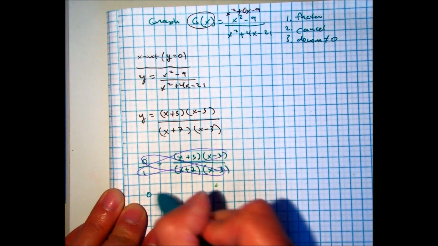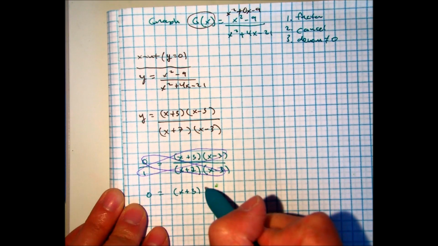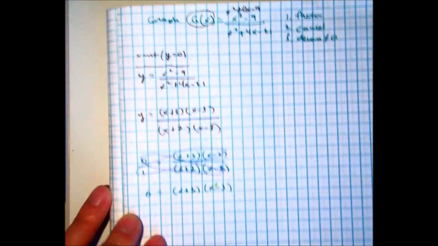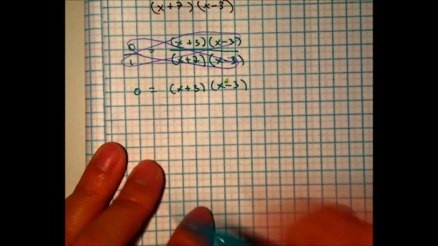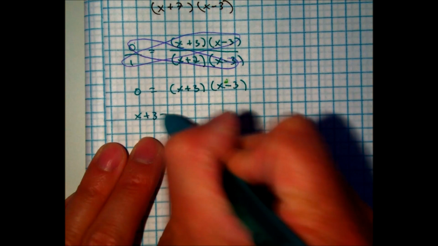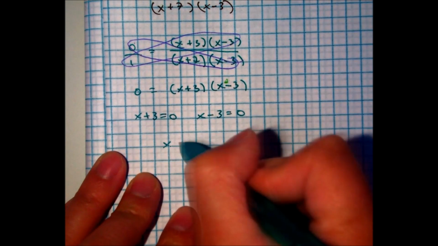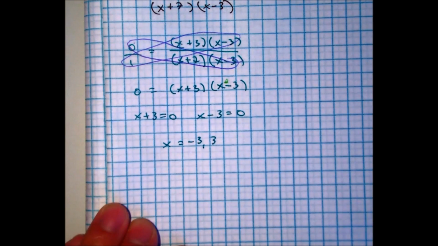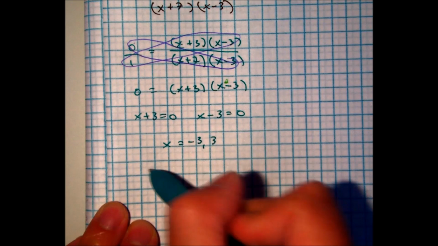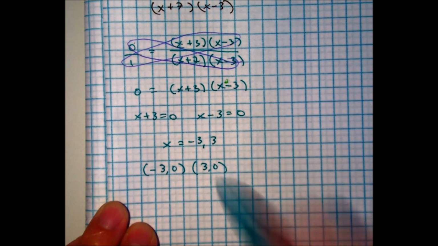So I have 0 equals 1 times, or I don't have to write the 1, x plus 3, x minus 3. Here you should identify that this is the 0 product rule. That means one of these expressions has to be equal to 0, so make them equal to 0. And then you will get x equals negative 3 and x equals positive 3. So my coordinates for my x-intercepts are negative 3, 0, and 3, 0.